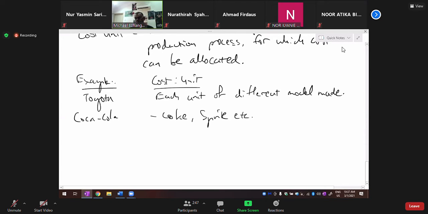Of course, I don't think Coca-Cola measures on a per can basis. I think usually their measurement is a little bit bigger. I think it's per crate or per pack or something like that. All right. If you talk about newspaper, each copy of a newspaper.